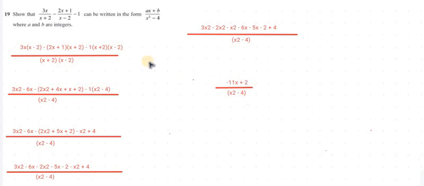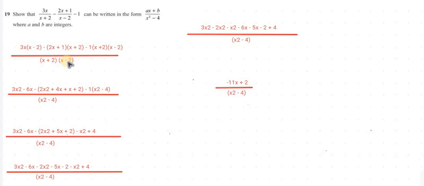Okay, so we find the LCM of all the denominators, and in this case they're singular, so we multiply all of them together. So x plus 2, x minus 2, and in the case of minus 1, it will just be an invisible over 1, so it will just be x plus 2 and x minus 2.